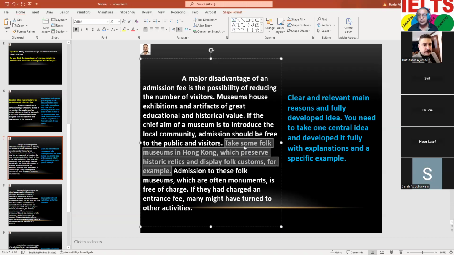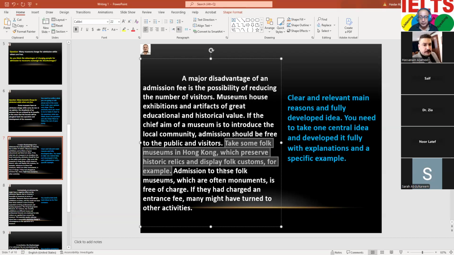I have to explain the example and how it is related to the disadvantage. When you write the example, you have to explain it and relate it to your main point of the paragraph.